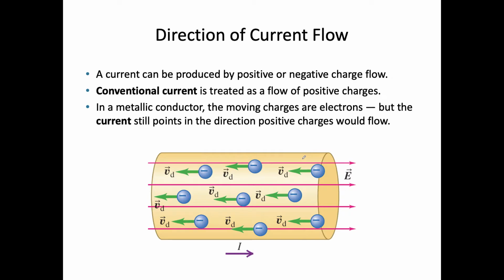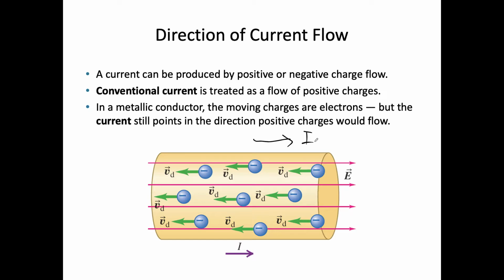And the direction of current is defined by the direction of motion of positive charge. Now what's going to happen if you have negative charge moving? In such a case, we're going to define current to be in the opposite direction of the negative charge moving.